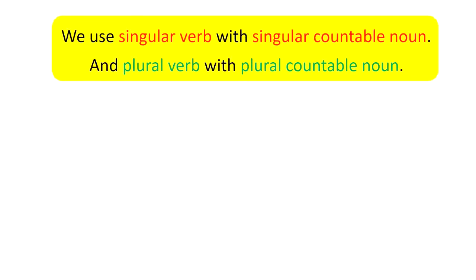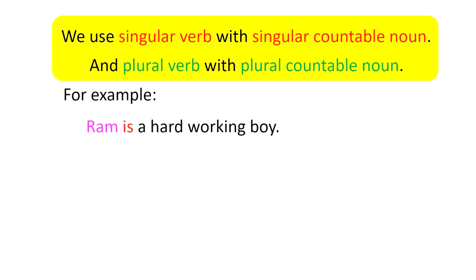We use a singular verb with a singular countable noun and a plural verb with a plural countable noun. Let us see this with the help of examples. For example, Ram is a hard-working boy. Here, Ram is a singular countable noun, so we will use is, that is a singular verb, with it.